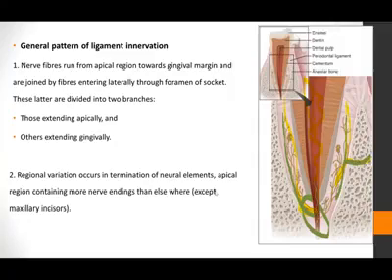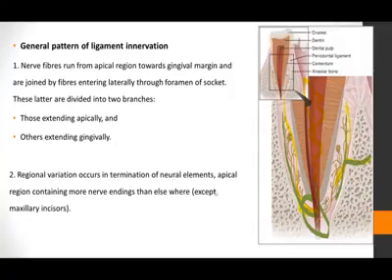The first type is the major pattern of the nerves. The nerves basically enter into the periodontal ligament from the apex of the tooth, and from there they go up towards the gingival margin. This group of nerves is joined by another group of nerves that is coming from the socket.